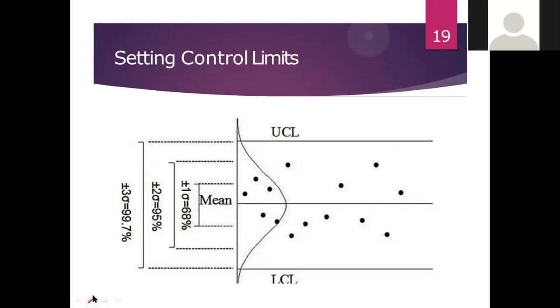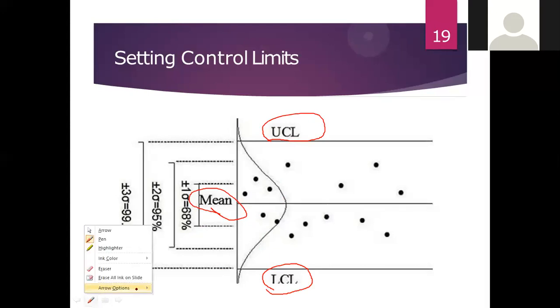Your task is to calculate, or find out, this upper control limit, then find out this average, and then find out this lower control limit. So these 3 points you have to calculate. That is your calculation part, and that is what we are going to do now. I hope you have your exercise copies with you. So we will do those things.